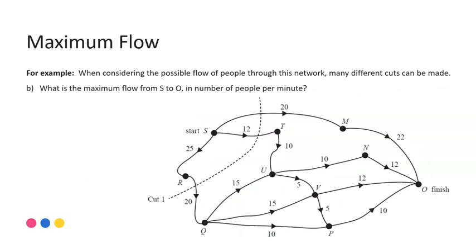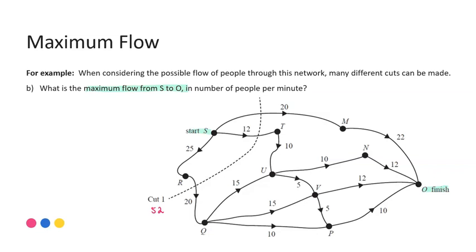For part B of this question, we're asked then to find what is the maximum flow from S to O. So remember, we're starting at S and finishing at O in the number of people per minute. So here, using the minimum cut method, we already identified in the previous part that cut 1 was worth 52. And so that cut was close to the beginning.